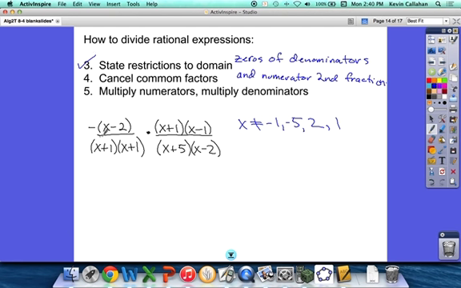Again, you're looking at all three of these here. And now cancel common factors. There's an x plus 1 and an x plus 1, and you've got an x minus 2 and an x minus 2. Anything else? It doesn't look like it.